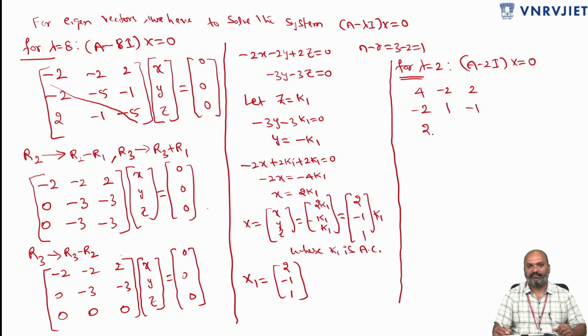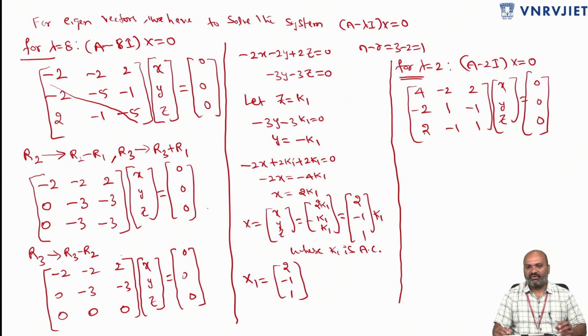Next 2, minus 1, and 3 minus 2, which is 1. As usual, you have to reduce it to echelon form, with X, Y, Z equal to 0, 0, 0.